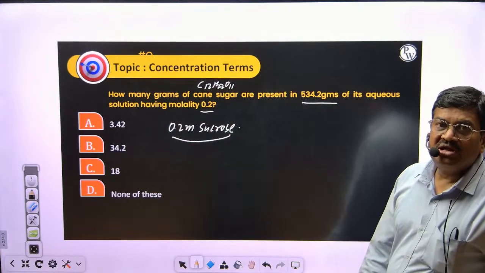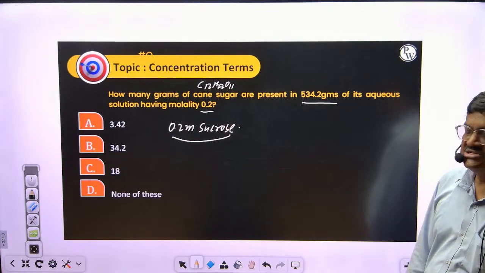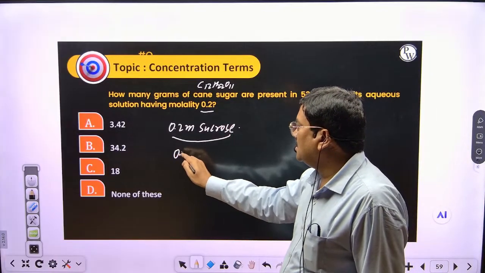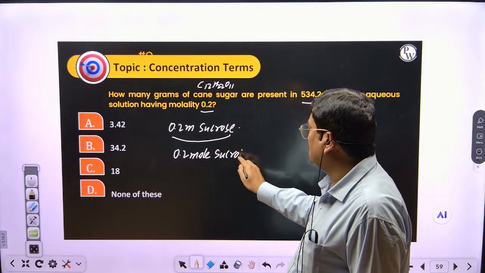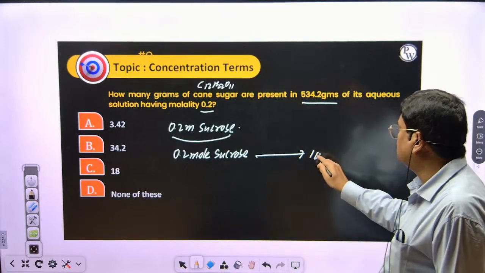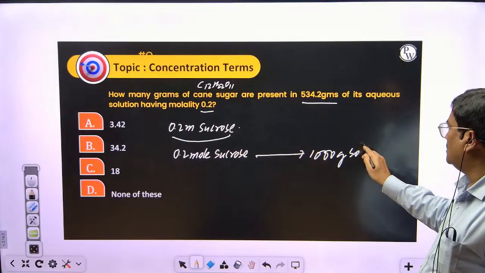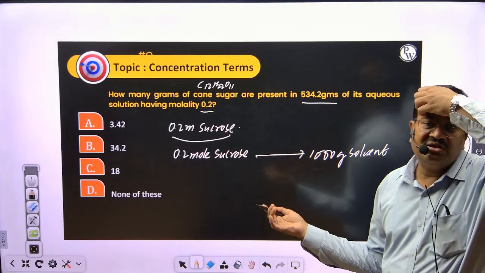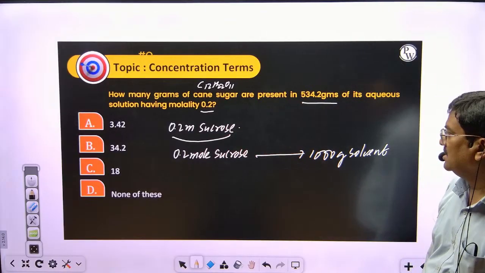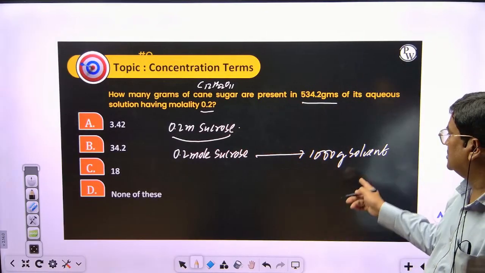What does 0.2 molal sucrose mean? 0.2 mole of sucrose is present in how many grams of solvent? 1000 grams of solvent, no? Do you agree? 0.2 mole of sucrose is present in 1000 grams of solvent.